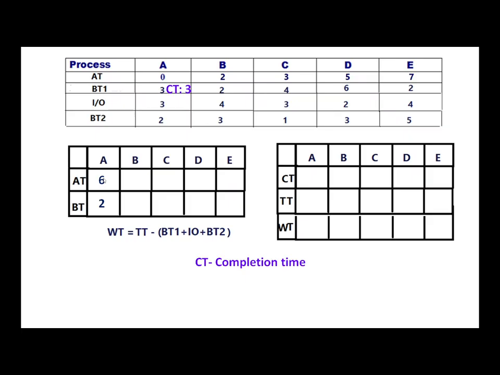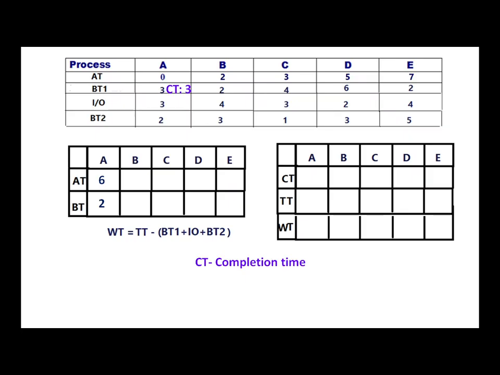It's like a future time that A will be available, and when it comes again, we need to schedule it for the remaining 2 units of burst time. Only then A will complete. So right now A has partially completed execution and it is in the state of IO operation, and again it will become available at clock time 6.